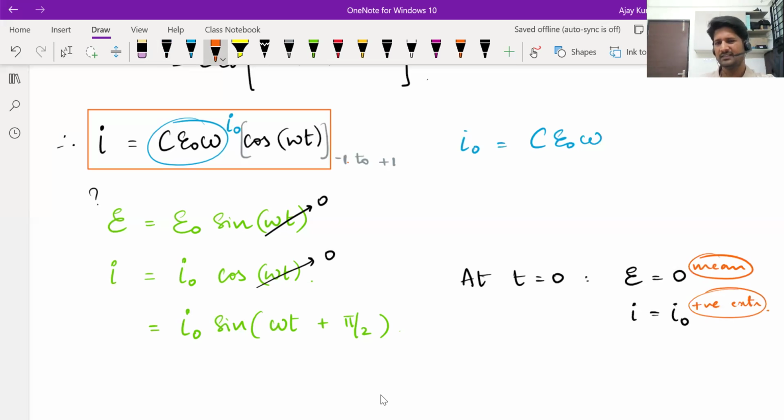So tell me, are these two quantities in phase with each other? Are they reaching their extremes at the same time? No, sir. Isha, what do you say? Do you agree with that or not? These two functions, the current function and the EMF function, are they in phase?